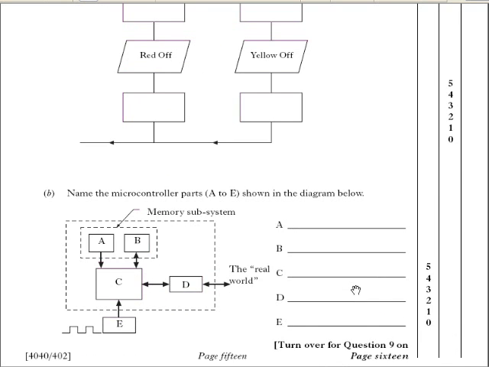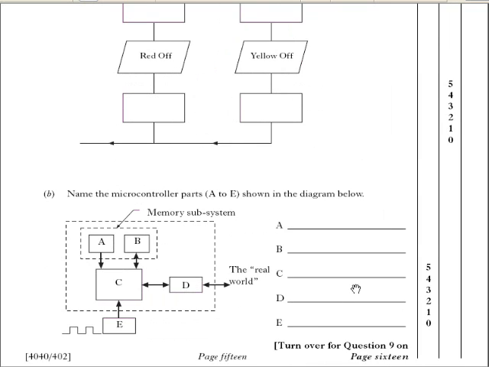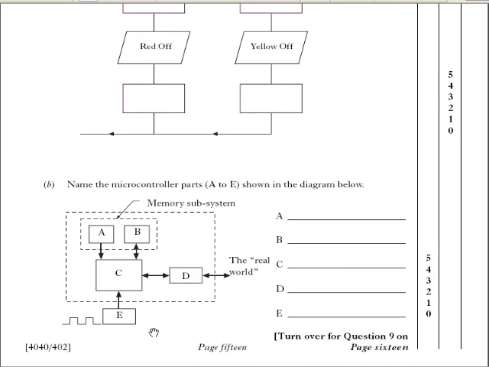Name the microcontroller parts A to E shown in the diagram below. E is the clock. The clock is the thing that drives the microcontroller forward. C goes in the middle of any diagram like this. C is the arithmetic and logic unit, or the ALU.